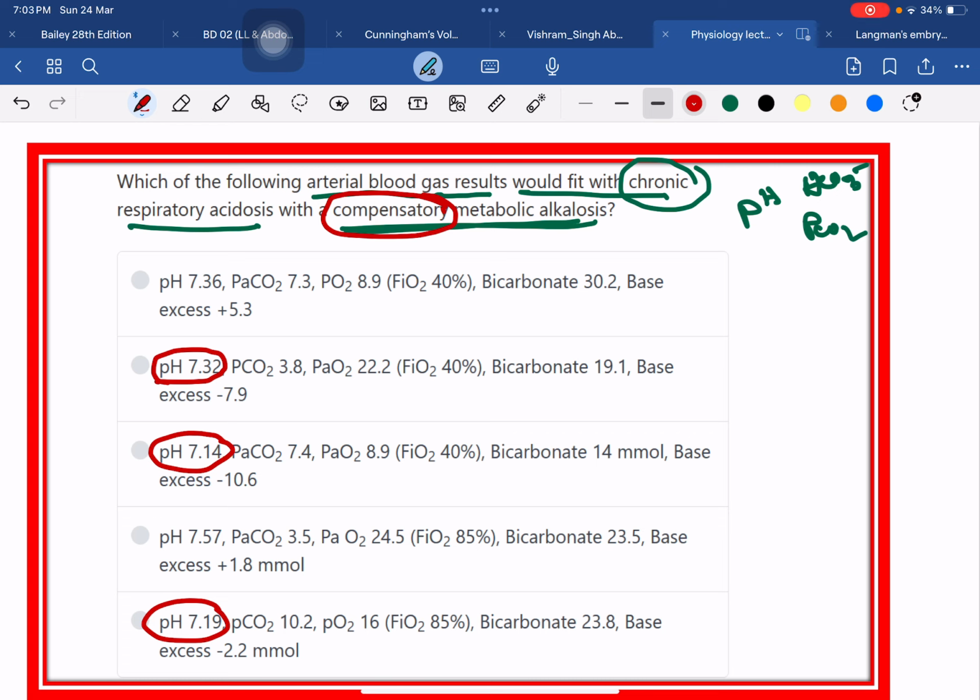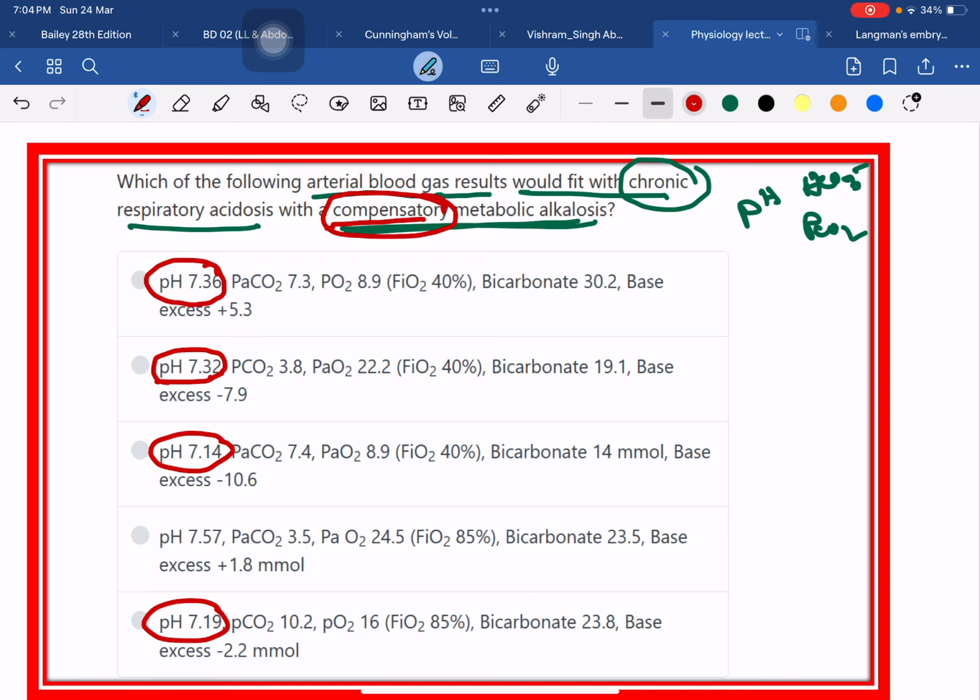So in case of respiratory acidosis, first of all, see the pH which is acidotic. So these three are acidotic, but at the same time, as the compensatory mechanism starts, the pH may be in the normal range. So this is another option, it may be another answer.